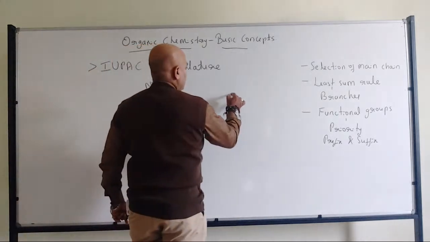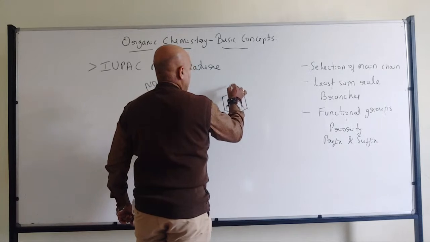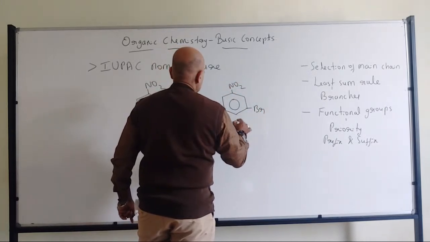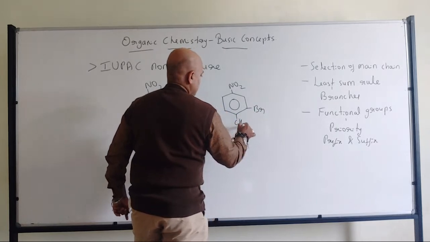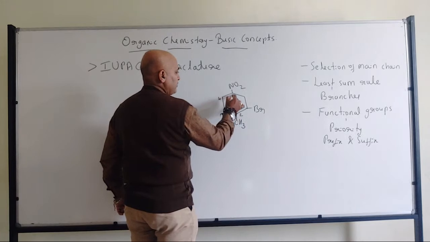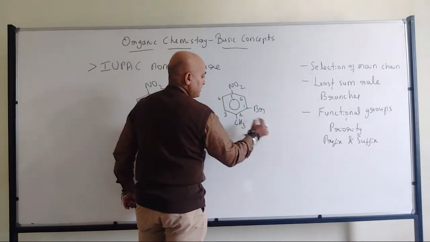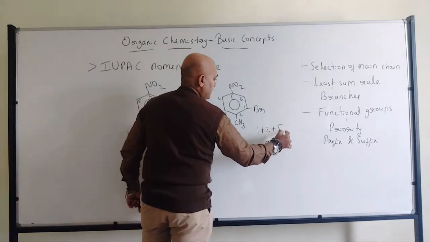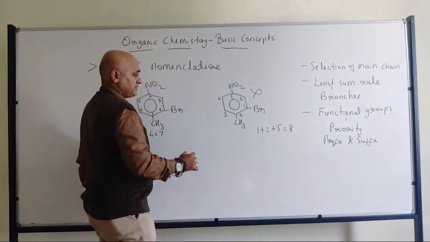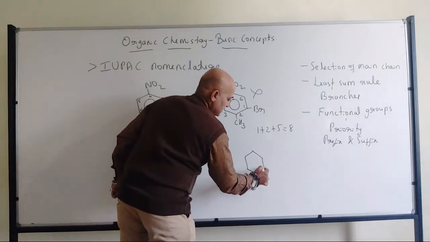So if I number it the other way around, NO2, Br, then CH3, 1, 2, 3, 4, 5, 6, then I am going to get 1 plus 2 plus 5. It will become 8. This is wrong numbering.